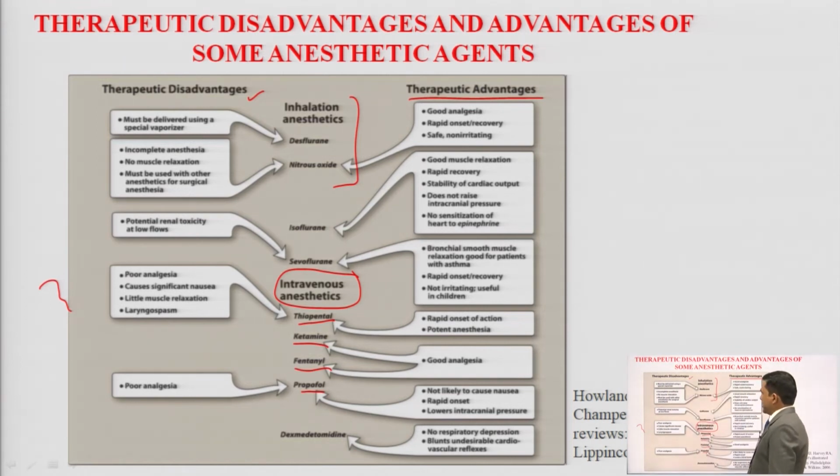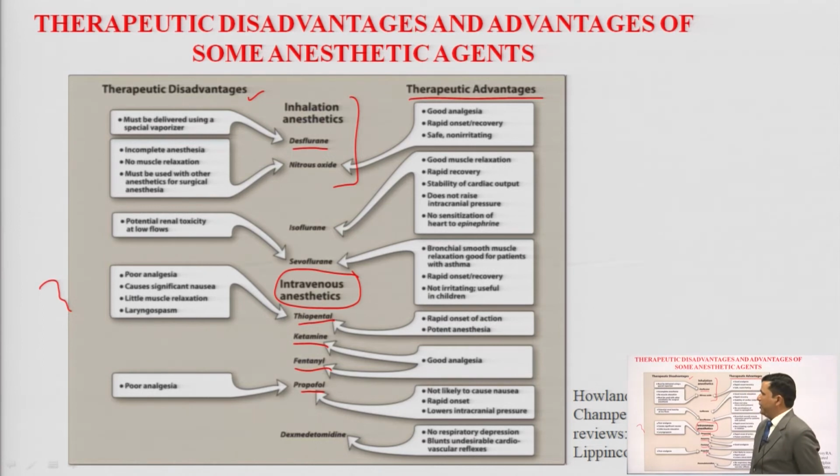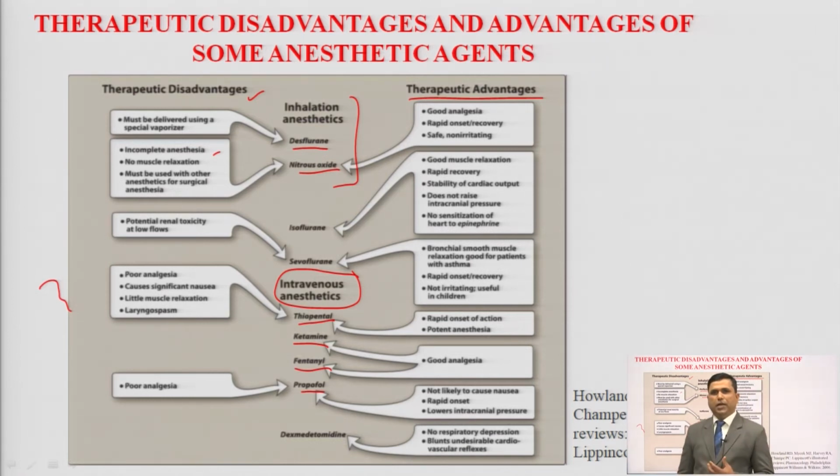First I will talk about desflurane. Its disadvantage is that it must be delivered using a special vaporizer. The disadvantage of nitrous oxide is that it will produce incomplete anesthesia and no muscle relaxation, because in anesthesia we require complete muscle relaxation.